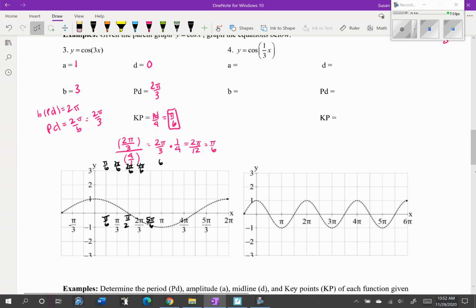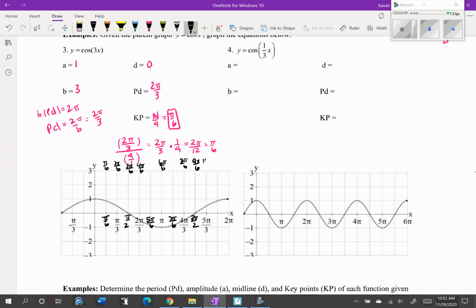The next one will be 6 pi over 6, which is pi. Then we get 7 pi over 6. And then 8 pi over 6 is 4 pi over 3. And then we get 9 pi over 6, which is 3 pi over 2 when you reduce.